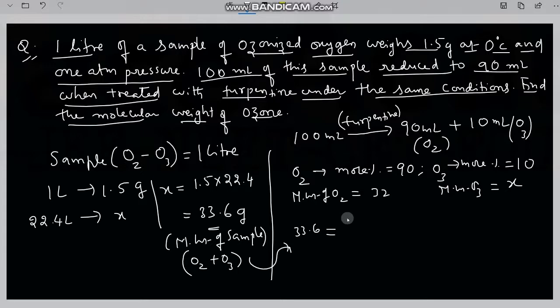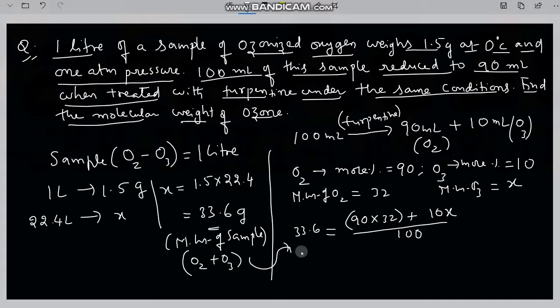That means 90 into 32 plus 10 into X, divided by 100.